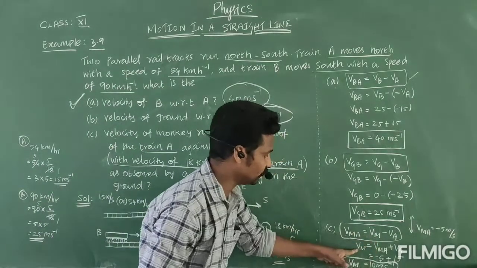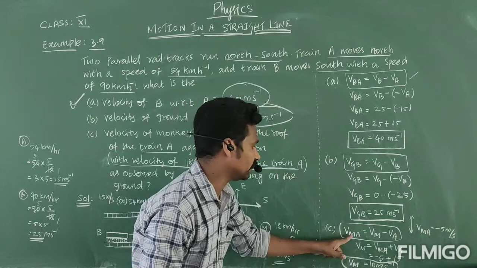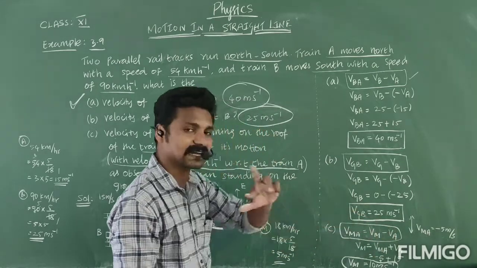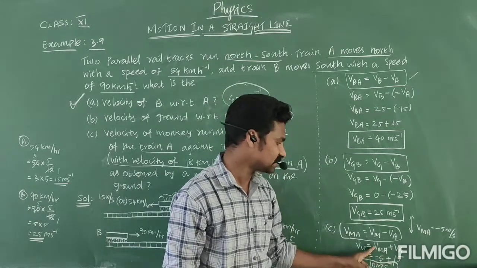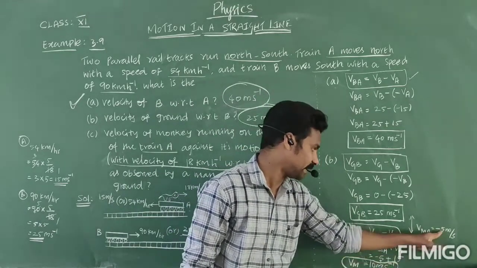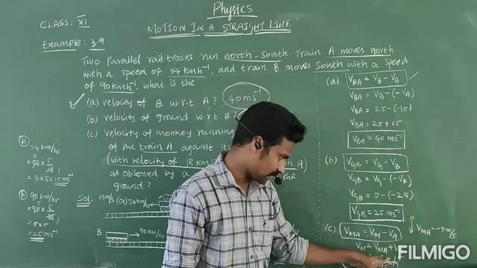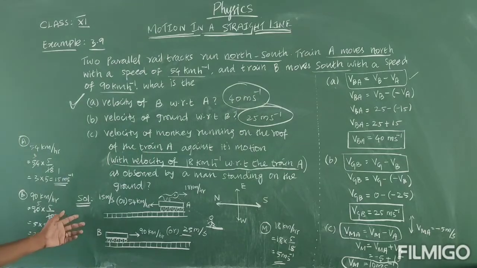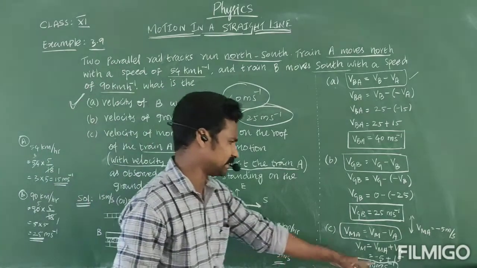Therefore in this equation, Vma is equal to Vm minus Va. Va moves to this side as plus Va. So I can write Vm as Vma plus Va. What is Vma? Minus 5, then plus Va. What is the velocity of train A? Velocity of train A, you know, is 15. So I can write 15.